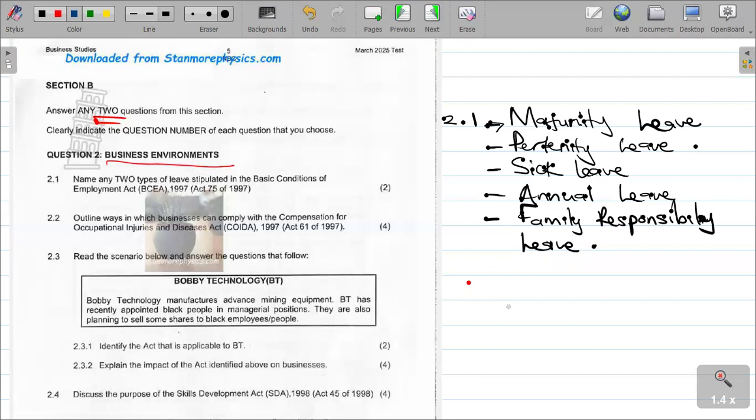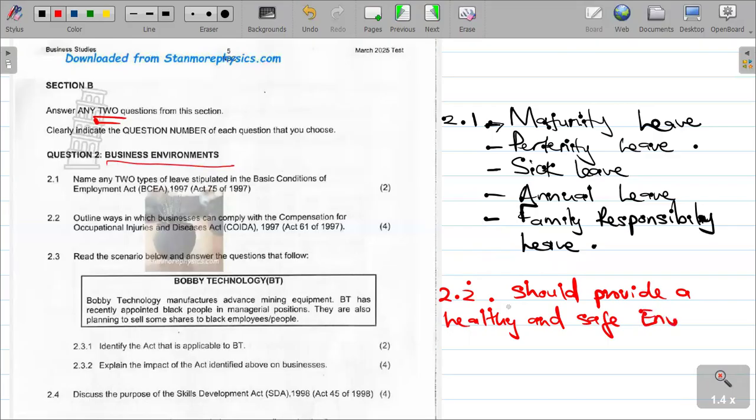Compliance, 2.2: the business should provide a healthy and safe environment for employees, an environment which is free from danger, right?